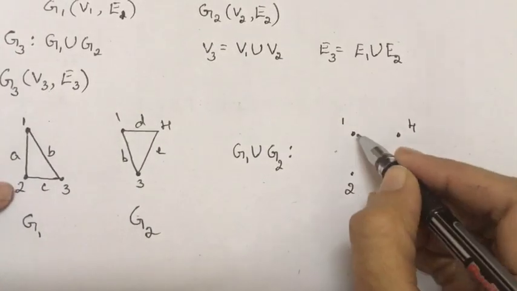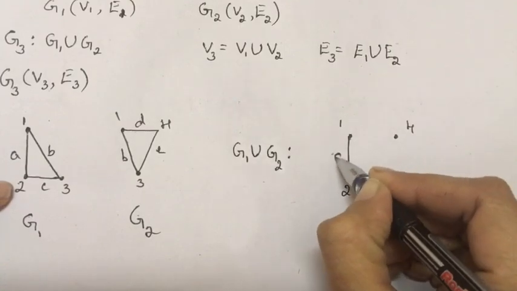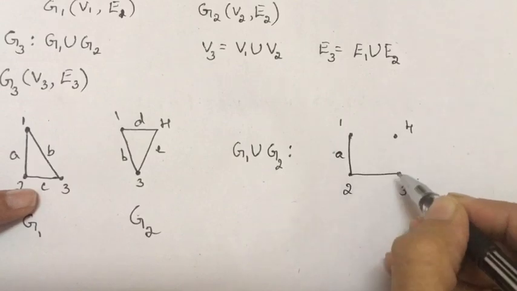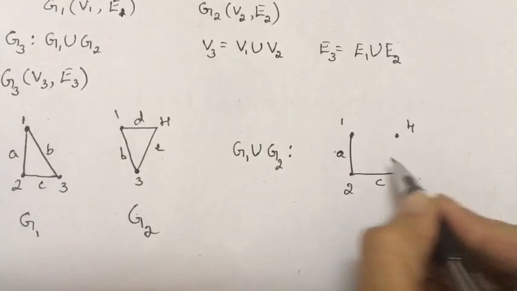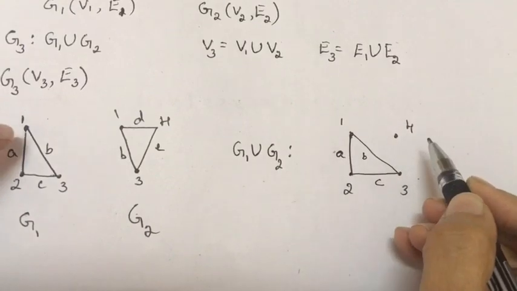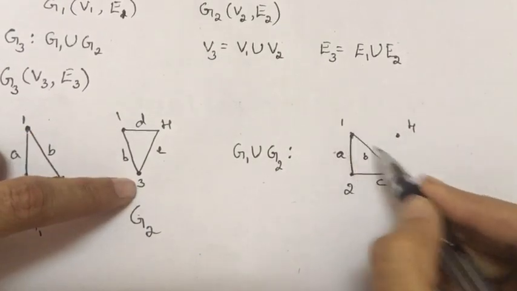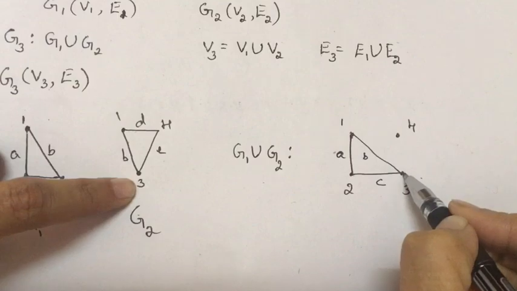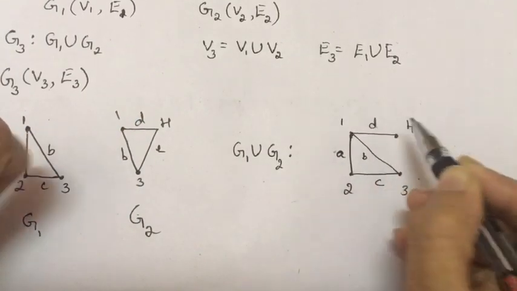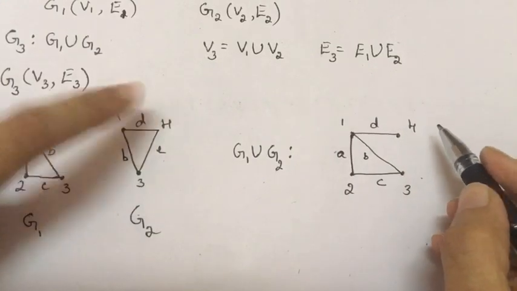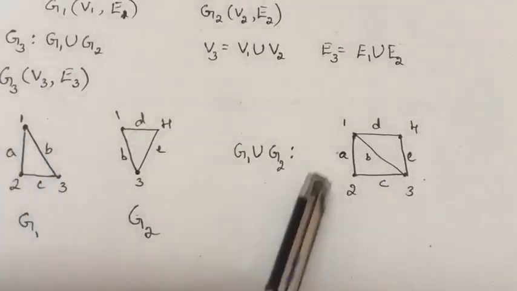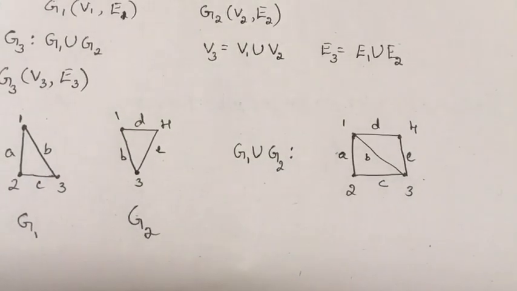Vertex 1 to 2 there is an edge named A. Then 2 to 3 there is an edge C. And then 1 to 3 there is an edge named B, which I have already drawn. And 1 to 4 there is an edge, and 3 to 4 there is an edge. So this is G1 union G2.